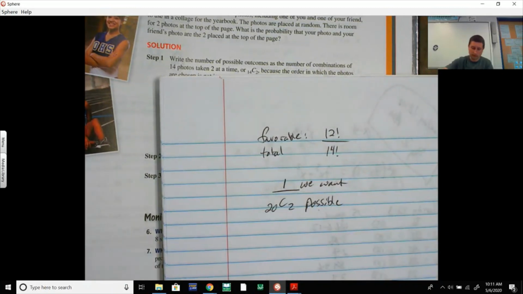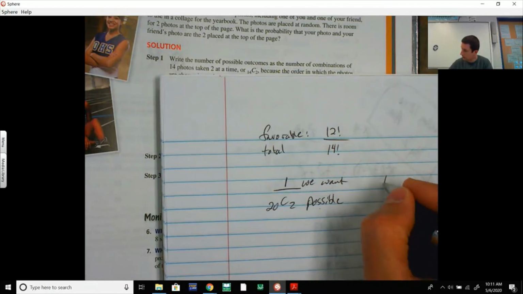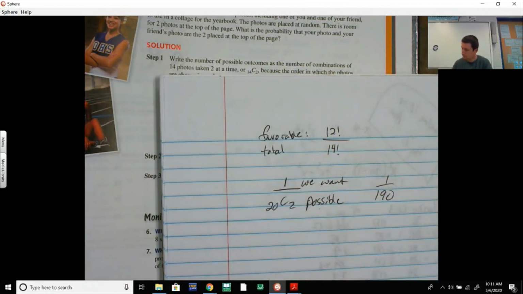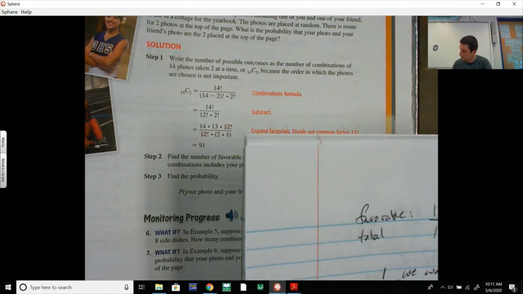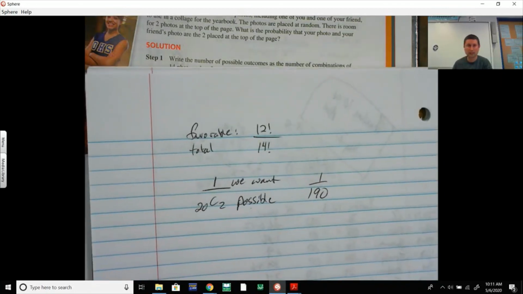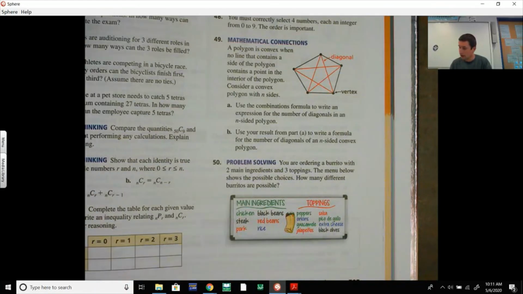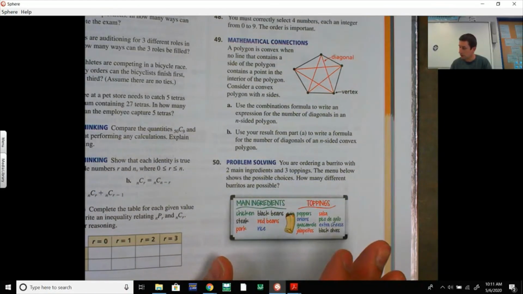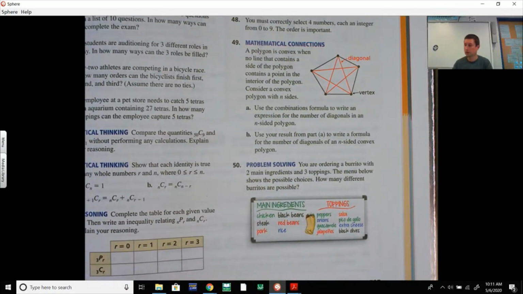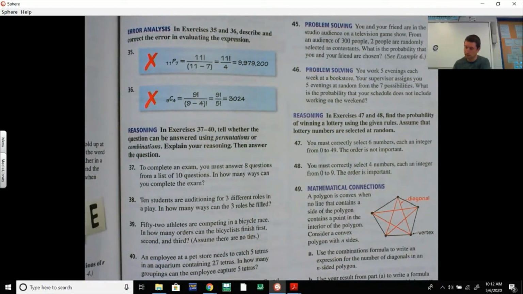I'm calculating that real quick. 20 choose 2 is 190, so 1 out of 190. Notice the probability goes down the more photos you have. So that's it for now. There might be other questions, but feel free to ask as those come along, and we'll see you soon.